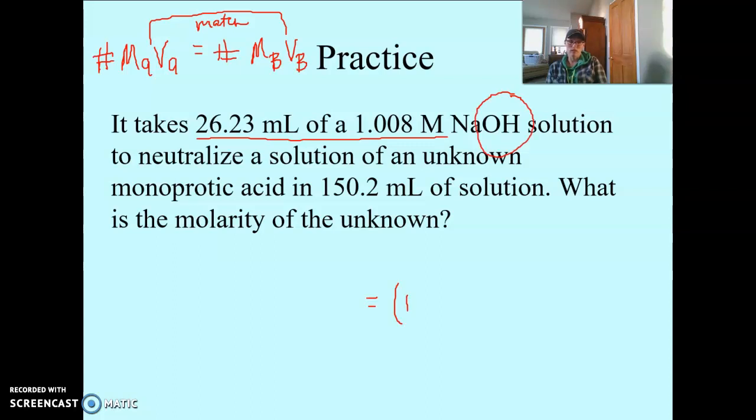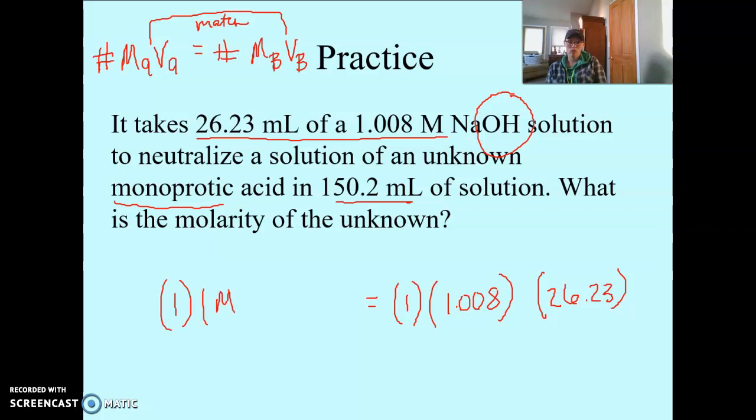That makes it easier in your mind. The molarity is 1.008. The volume, we can just leave it in milliliters. On the other side, what we know is we just know the volume, so we can put that here. And it says it's a monoprotic, so we know it's going to be a 1. We don't know the molarity of the acid. That's what we want to know.